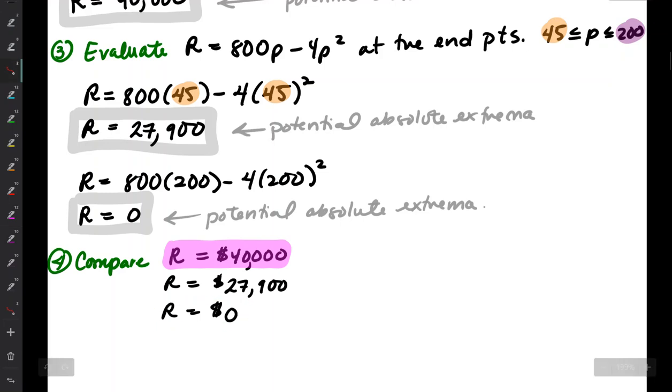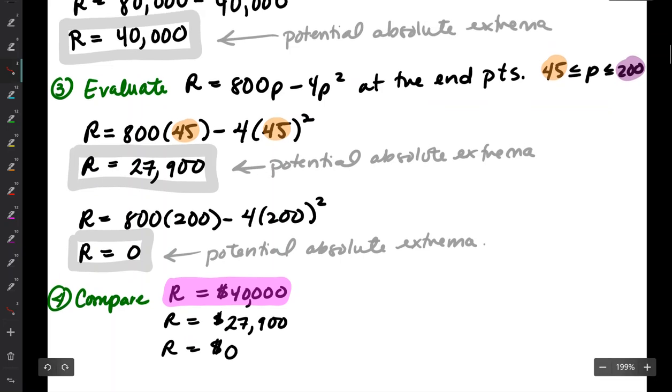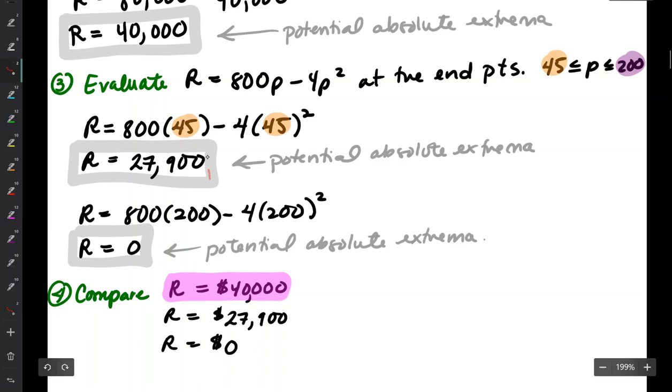This person can't lose money. It looks like they can only break even. Well, actually, they lose money in terms of profit. The minimum revenue, sorry, that they can bring in is nothing, right? So what's going on here is that at the endpoint of 45, my revenue is 27,900.